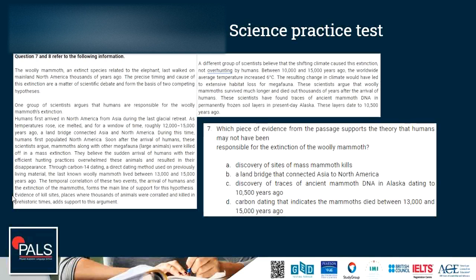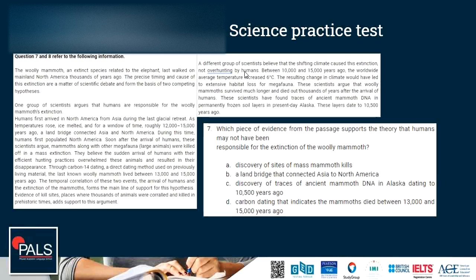Their evidence is that in these 10,000 to 15,000 years ago, the climate changed drastically by an average of 6 degrees Celsius, and that change in climate would have changed the environment quite a lot, and that would have caused habitat loss for the mammoths, for the megafauna. So climate change, habitat loss leading to extinction. That is our second line of argument.